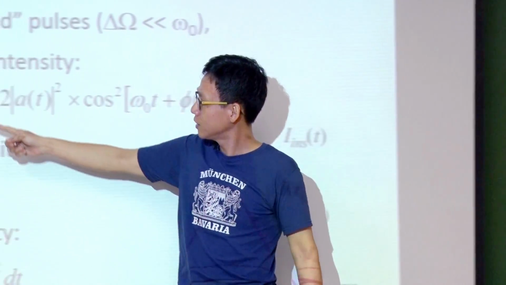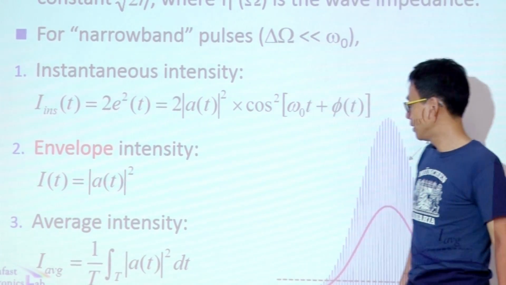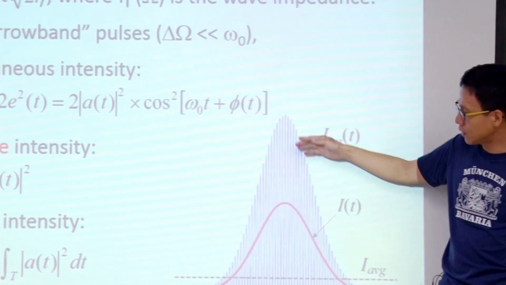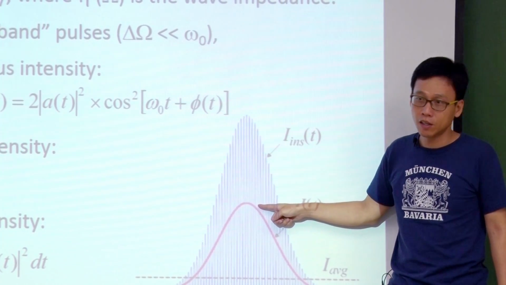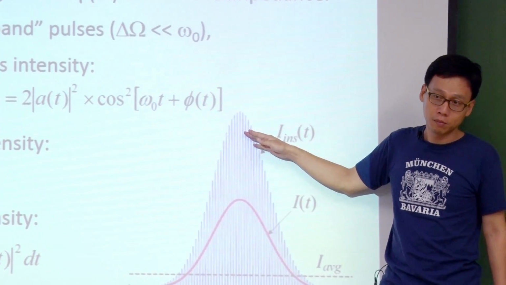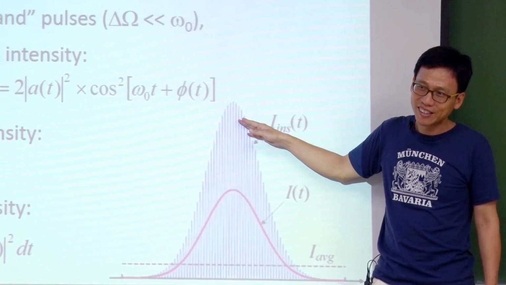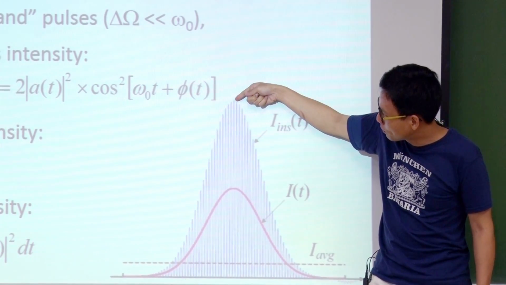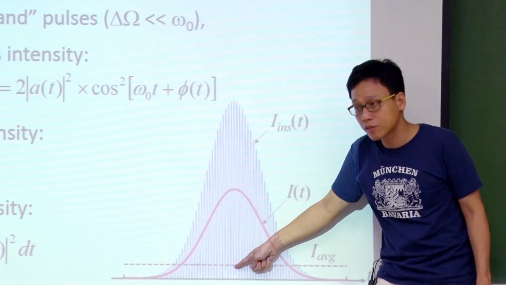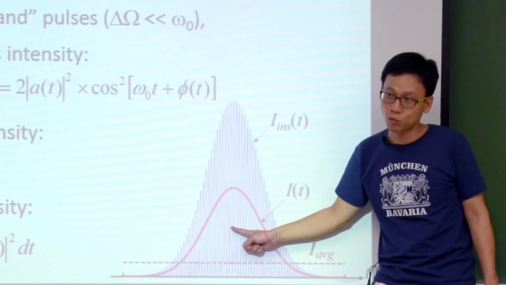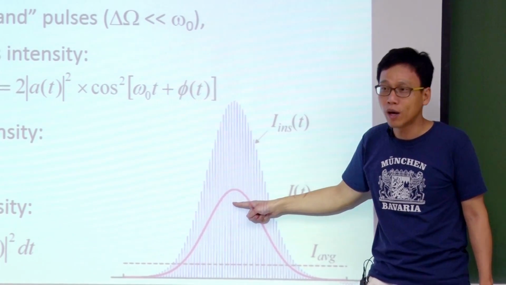Oh, this factor? Okay. Because the red curve is the average of the blue curve. Say if your peak is here, your value is almost 0, right? Your average is 1. So it's a 2-to-1 relation.